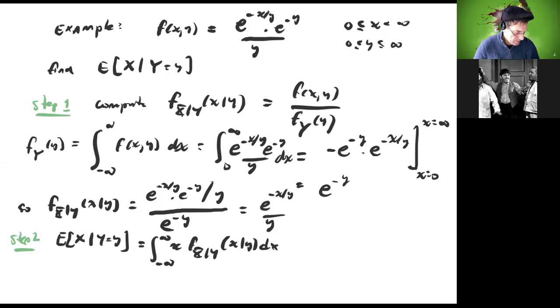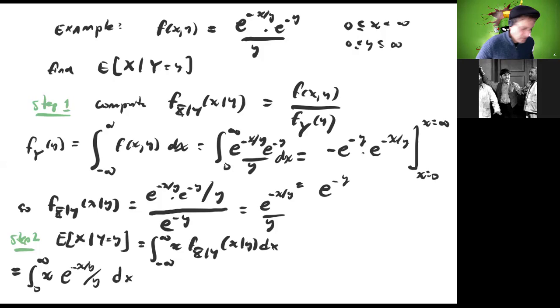If you do that, that's going to be the integral from 0 to infinity of x times the conditional f we just computed, plugging in what we got in the previous step, and then we integrate with respect to x.